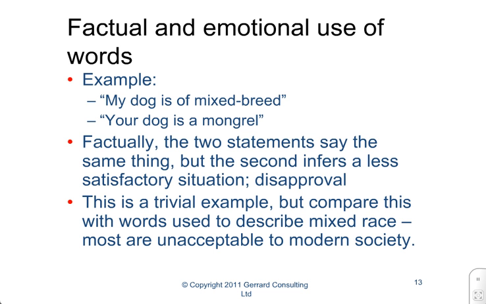Although they're factually the same thing, the second statement indicates disapproval, and it could be taken as an insult. So that's emotional language rather than factual language. And although this is a very trivial example, if you compare it with terminology that might have been used to describe mixed race, for example, 10 or 15 years ago, those examples are unacceptable in modern society today. So these things change.